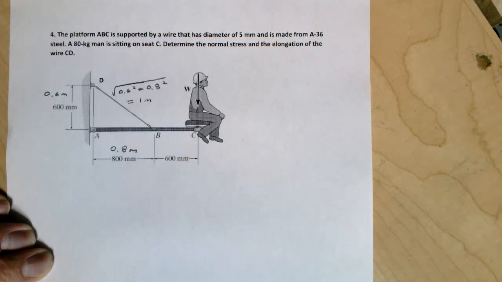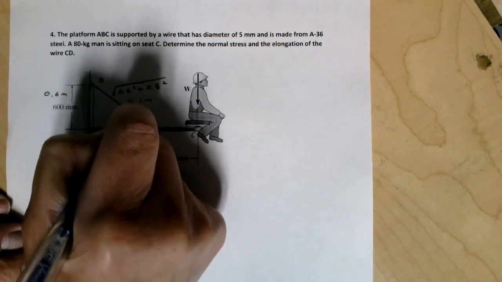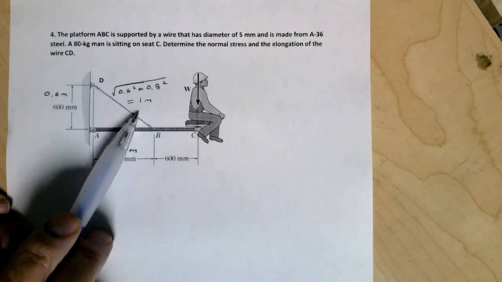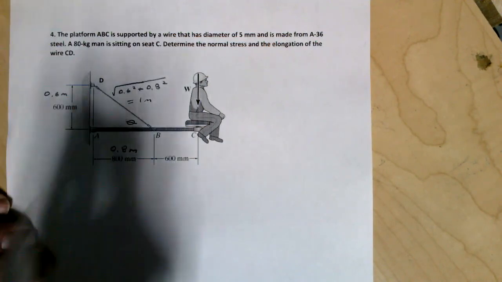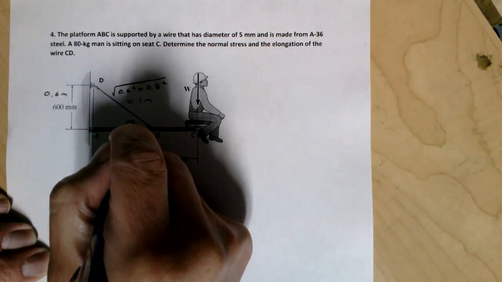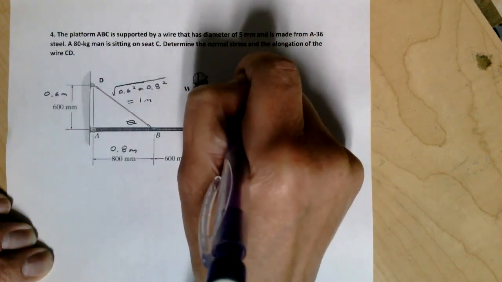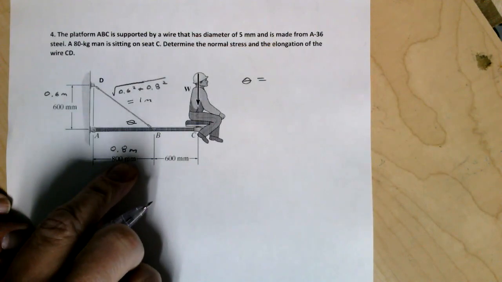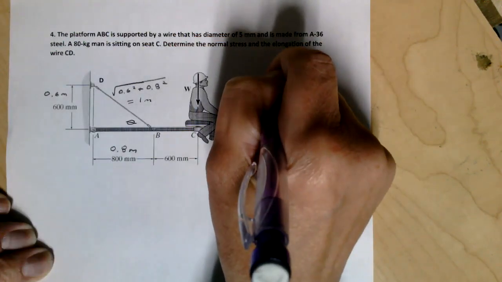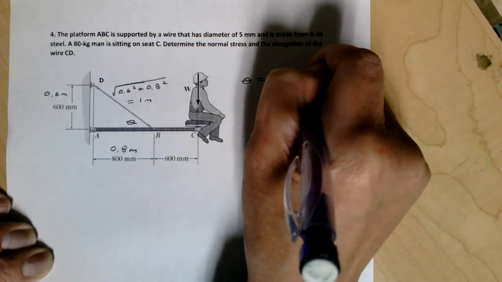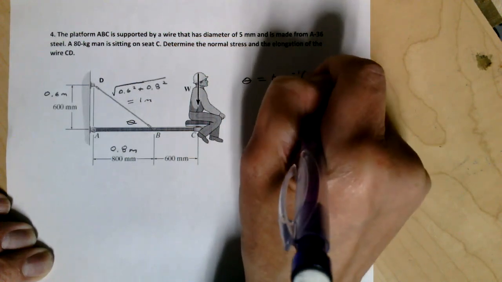Then it would be good to find this angle here. You could either work with the angles or with the ratios of the sides. On this one, I'll work with the angles. So for the angle theta, the tangent of theta is the opposite over the adjacent, or theta is the arctangent of the opposite over the adjacent.